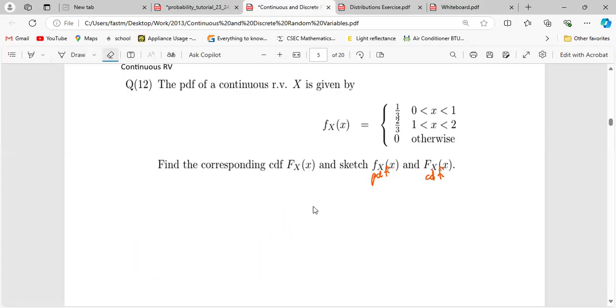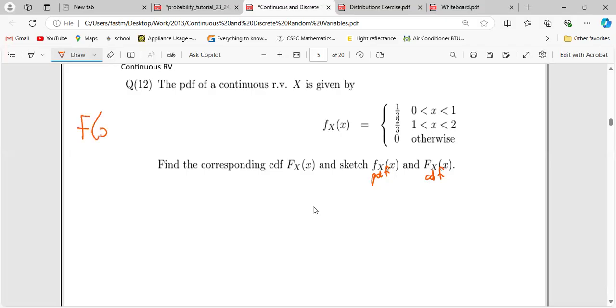So let me go through. The first thing we want to find is something called the CDF, which is the cumulative distribution function, right? What that means, and I can write it, is the capital F of x is equal to the probability of X being less than or equal to x.